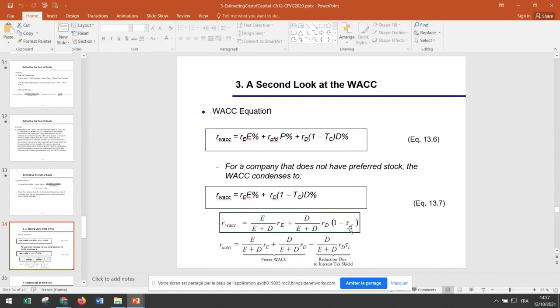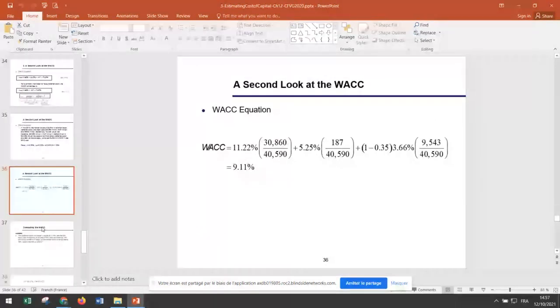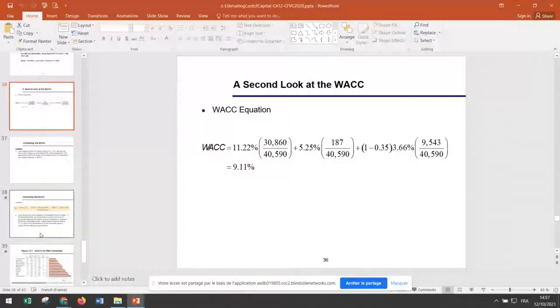In other words, the WACC can be reduced in the imperfect capital market where you enjoy this reduction due to the interest tax shield the company has. So to conclude, this chapter is only to introduce how we compute the weighted average cost of capital. That's it. Very straightforward.